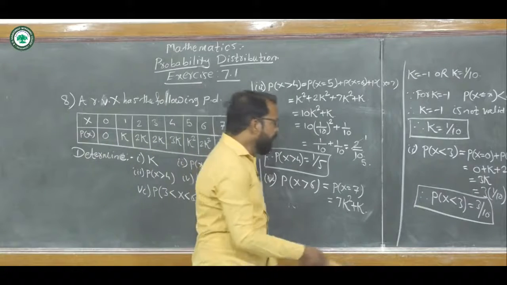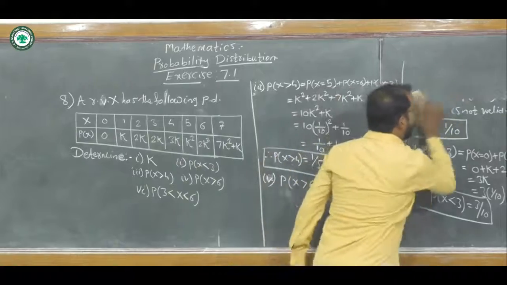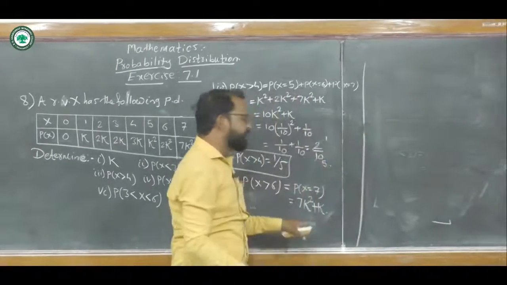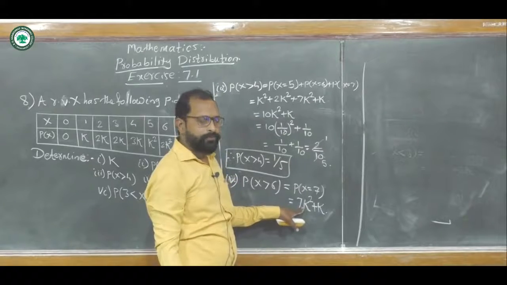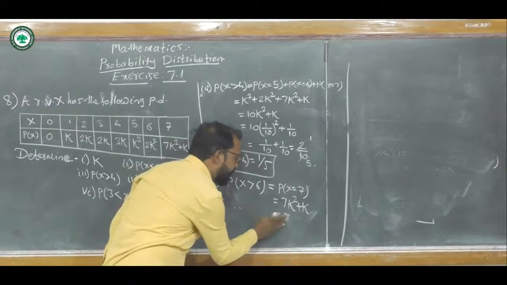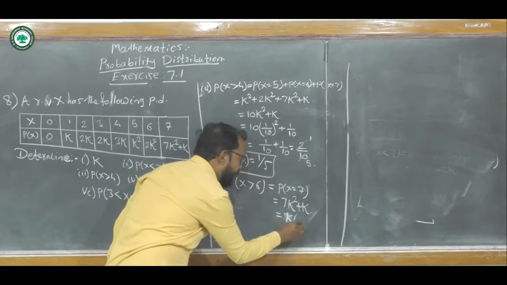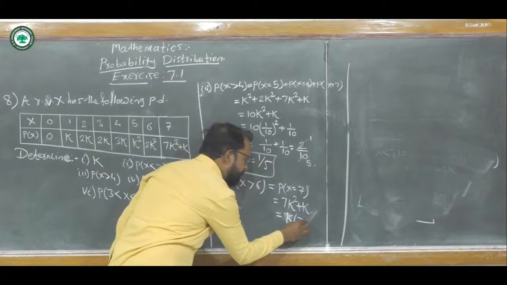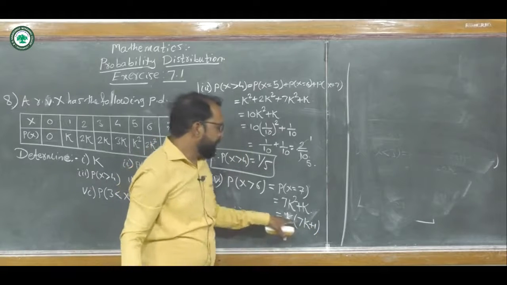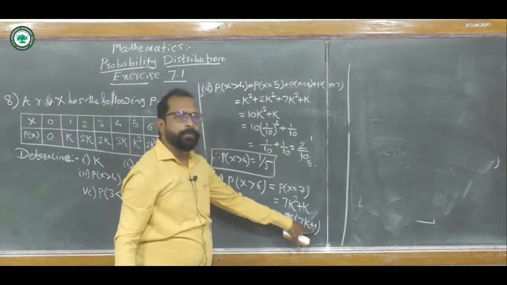Now to simplify the calculations, first we take k as a common factor. So it becomes k into 7k plus 1.